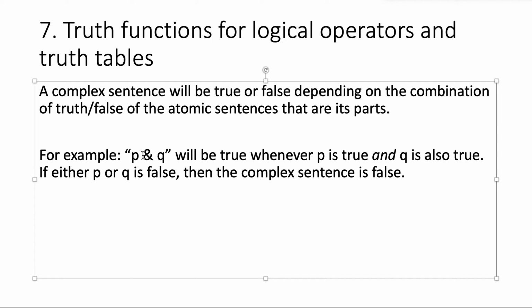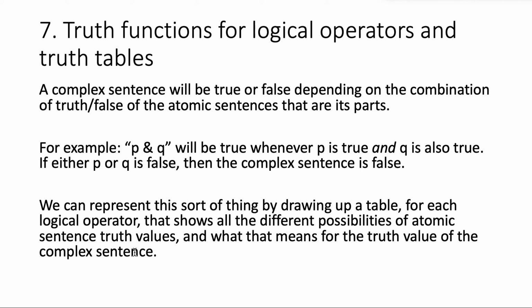So we can think of the function and it's going to give us true for this sentence. This sentence, P and Q, will itself be true whenever both of its component parts, the P and the Q, are true. If either part is false, then the complex sentence is itself going to be false. All right.